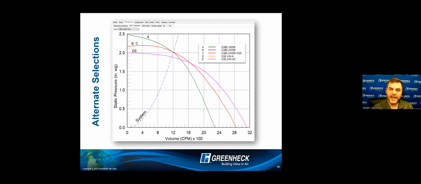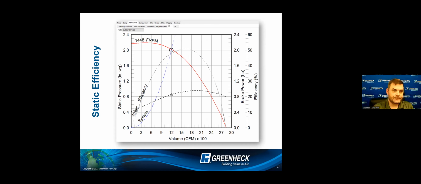But looking at these fan curves, I can get a little bit more information, right? Let's look at static efficiency, right? Static efficiency is calculated using only static pressure. And this is important because for the fan you've selected, I can look at, was this the right or the wrong fan in its operation.